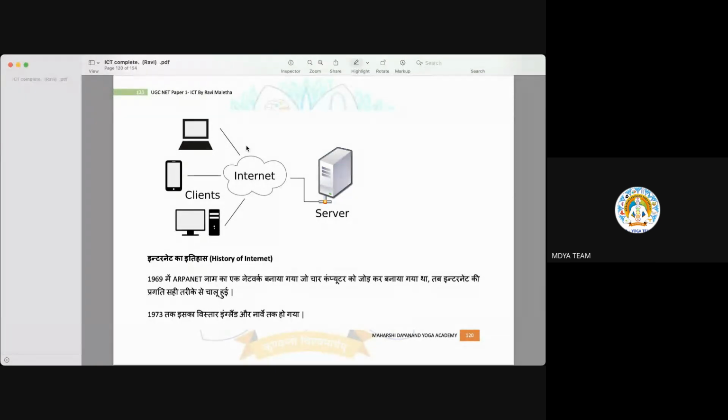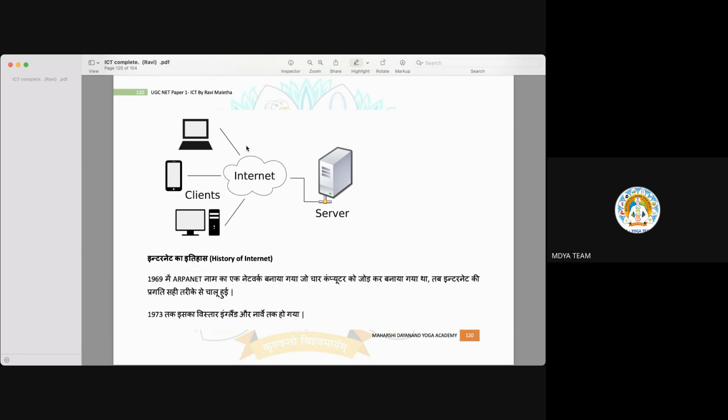So till now we have studied so much. Now we have a look at how the internet works, how systems get access to the internet, what the internet is, and on which protocol they work.